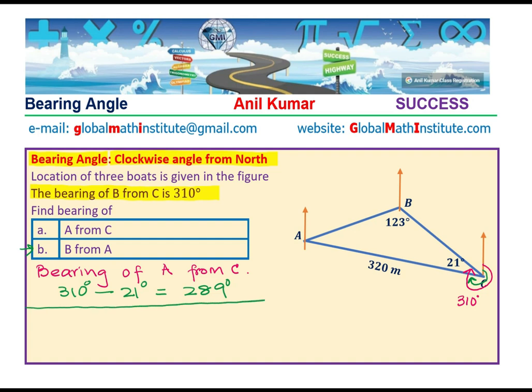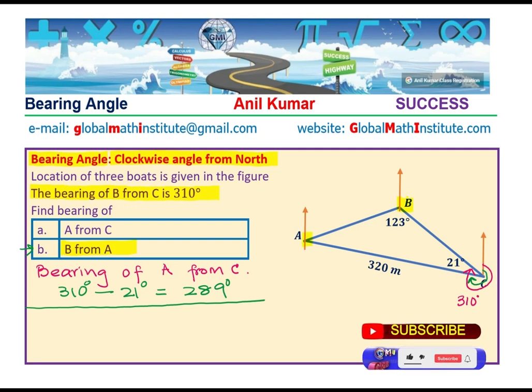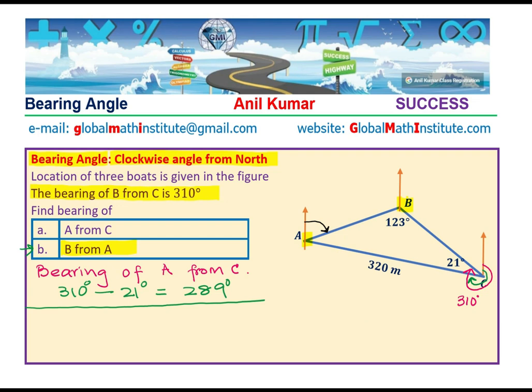Let's do part B, which is how do you find the bearing of B from A. Clearly, the angle which we are looking for is this angle, from north clockwise. Always remember to answer in three digits. That is important. Now tell me, how will you do this question? That's kind of tricky. There are many different ways of doing it.